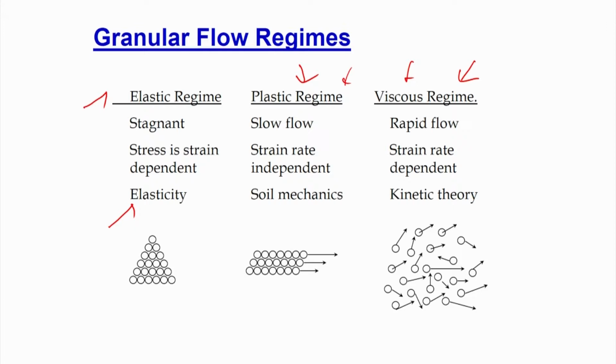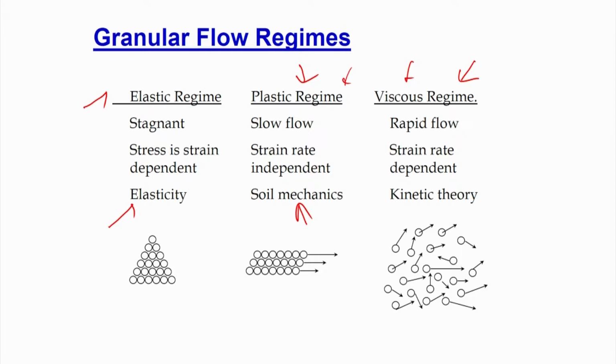The plastic regime is where the flow is very slow, the strain rate is independent, the motion does not depend on the strain rate, and generally the flow models have been done through solid mechanics, how we solve solid mechanics problems in the plastic regime. In the viscous regime, the flow is very fast, it moves very rapidly.